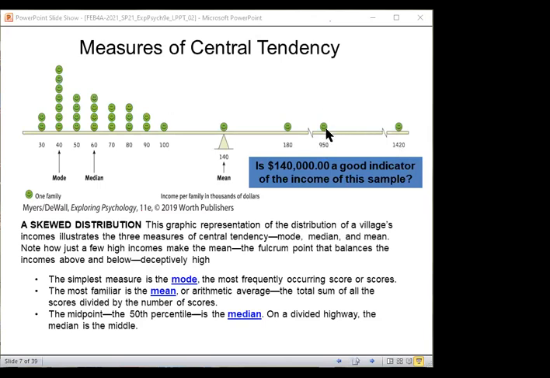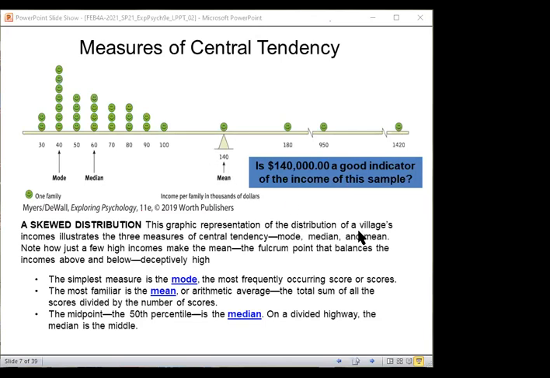Another 950,000, another 180,000. Because of these outliers, averages are going to be greatly influenced, dragging the average all the way up to $140,000.